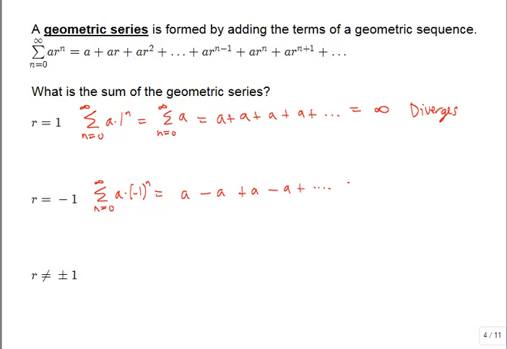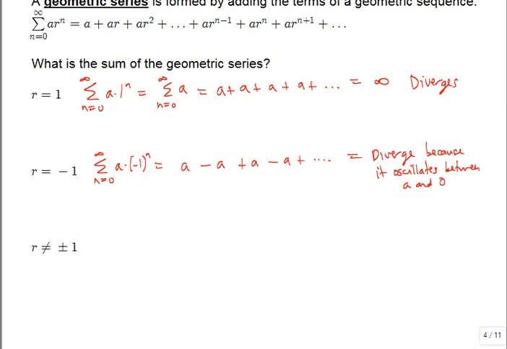So this is going to diverge because it oscillates between a and 0.